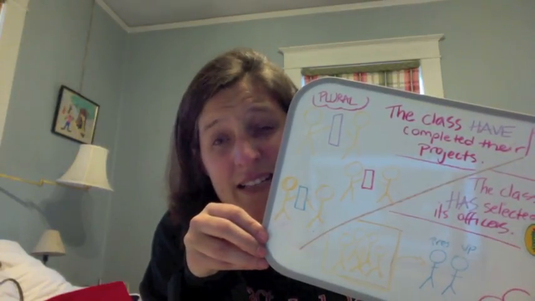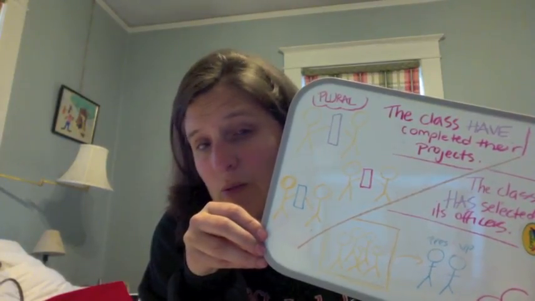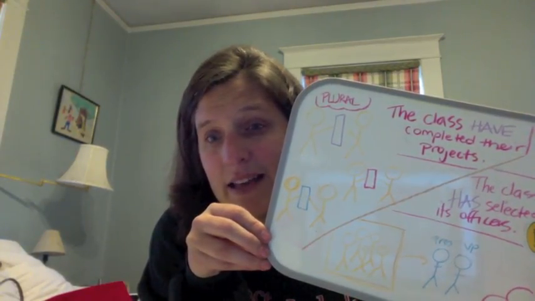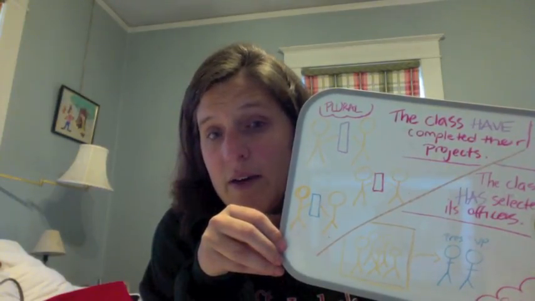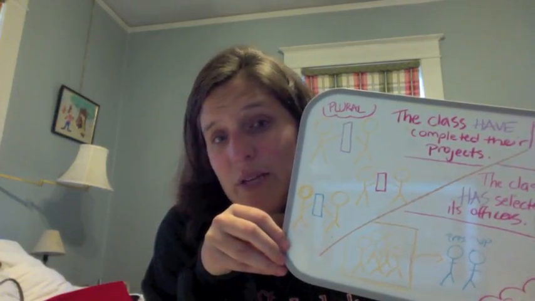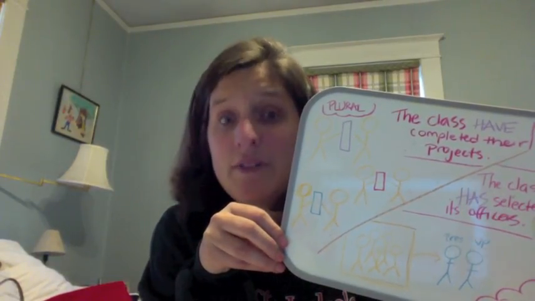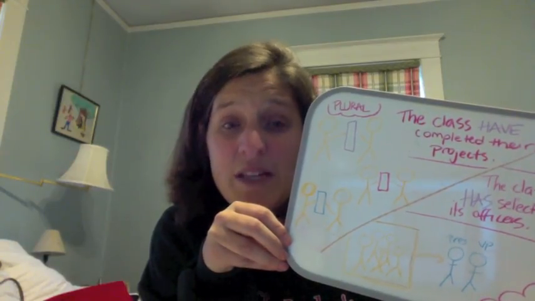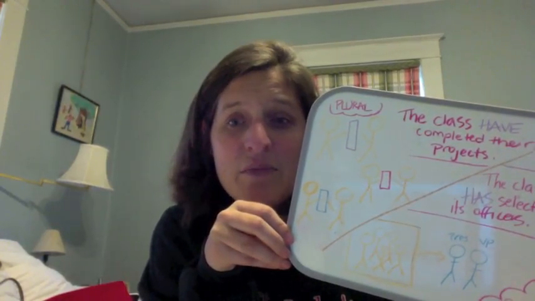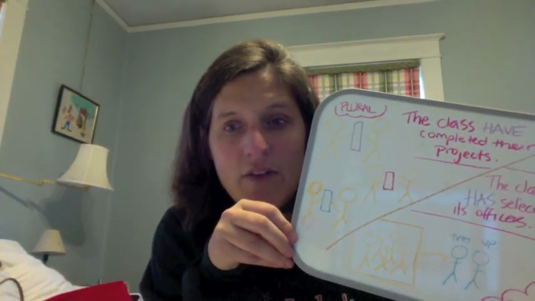Do you see how class is a collective noun? Because it's a bunch of different people in one area. And in this case, they're using a plural verb because several different people have completed projects. So individual groups have completed projects, or individuals themselves have completed projects. So you've got a bunch of different people, which makes it plural. The class have completed their projects. Sounds really weird because you don't hear it said like that very often.